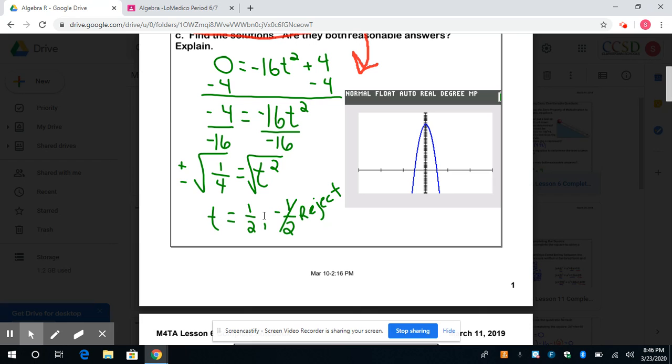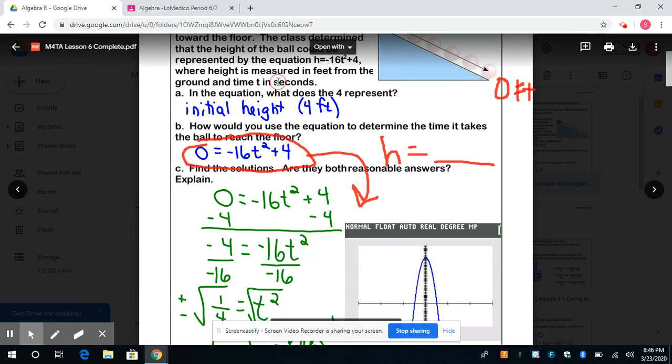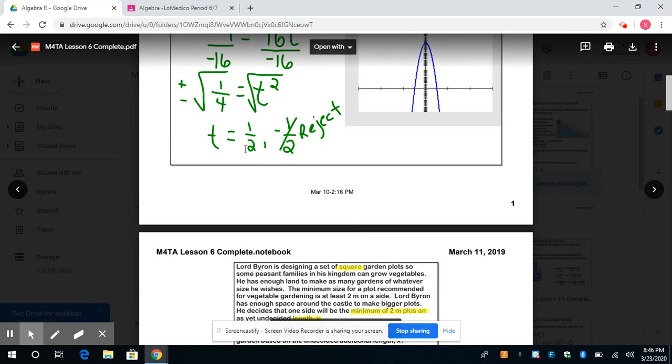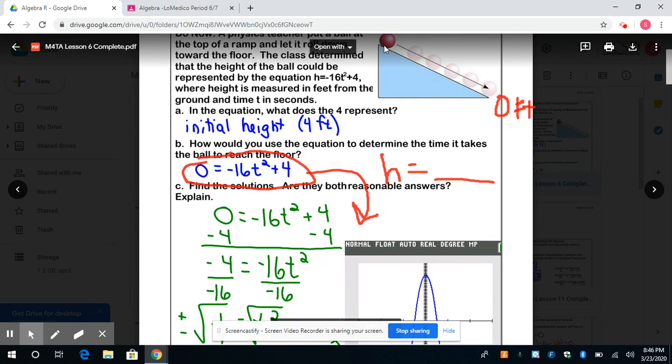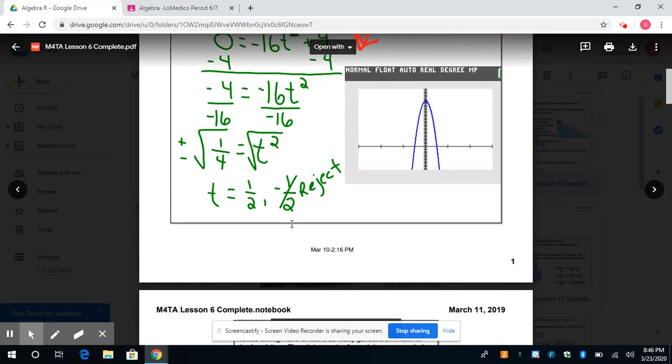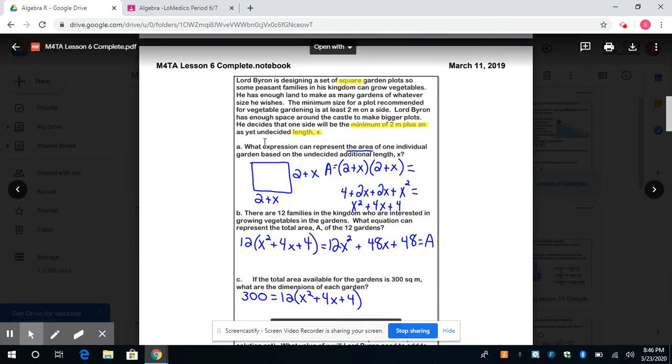T is time. Can you have a negative time? No. So t can only be a positive half. In our case, t was in seconds, so it'd be half a second. That's how fast that ball is rolling down, and that kind of makes sense. If it's on a slope, a ball can roll pretty fast.